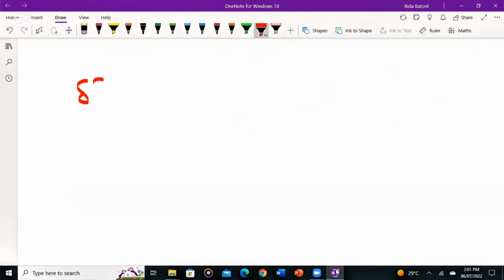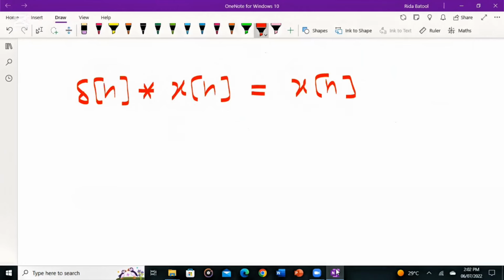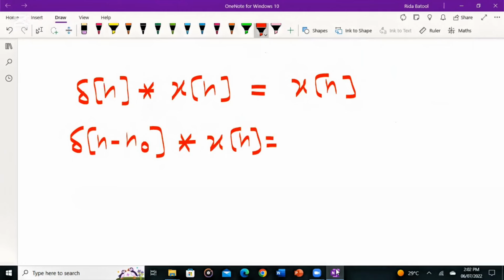Delta n convolved with x of n will be x of n. Similarly, delta of n minus n naught, could be any value, convolved with x of n will be x of n minus n naught.